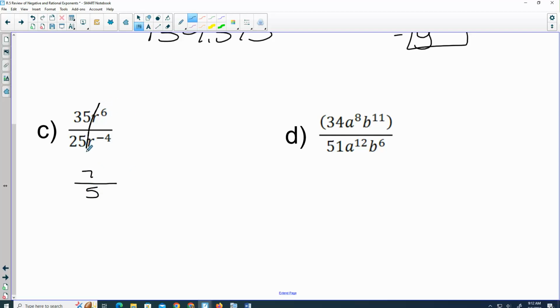Okay, my r's. So either way, do you want to subtract them or bring it up first? Subtract. So it's just 6 minus negative 4. So r to the 10th, and that's on top, because 6 is bigger than negative 4.